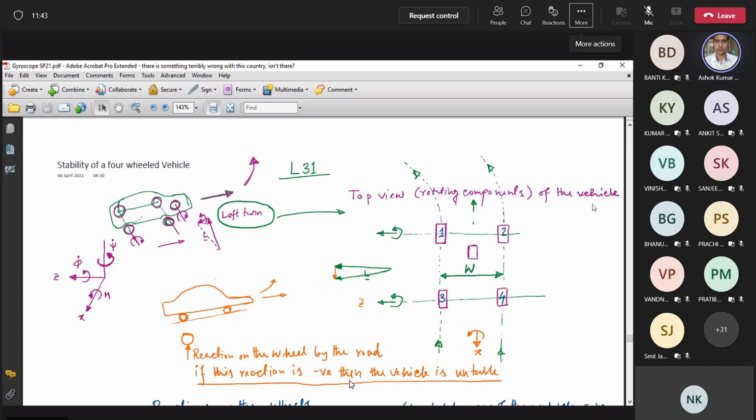Just imagine when the vehicle is toppling, one side of the vehicle first loses contact with the ground. Are those the inner wheels or outer wheels?